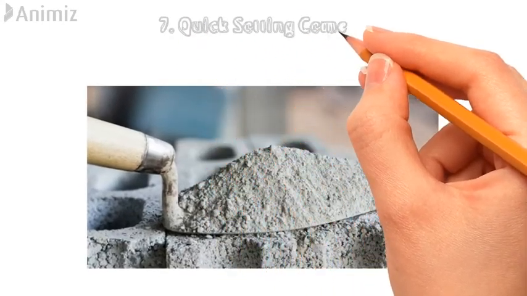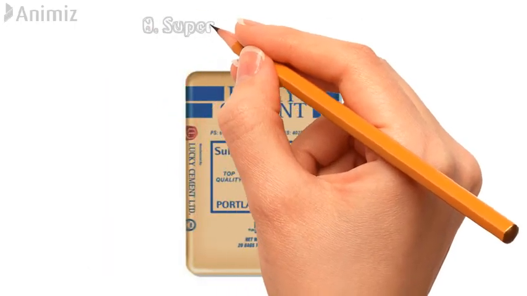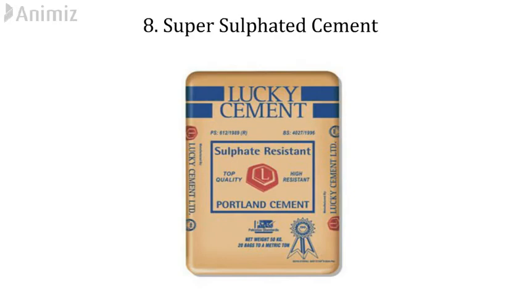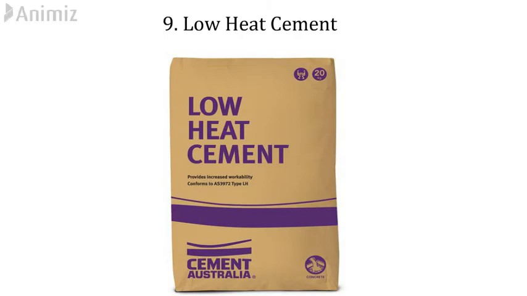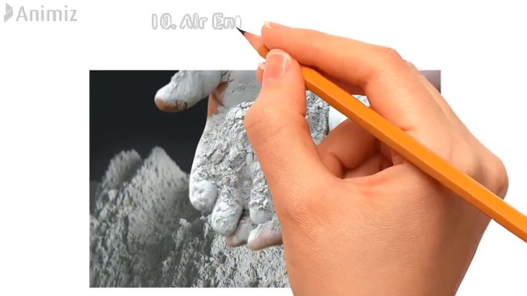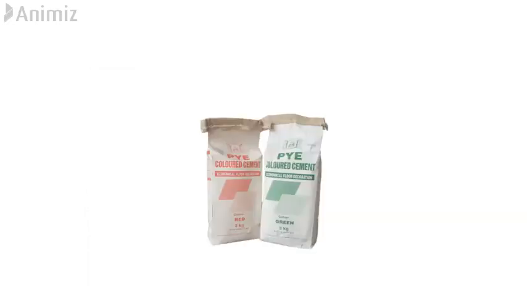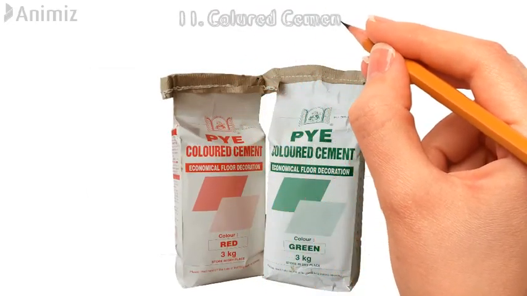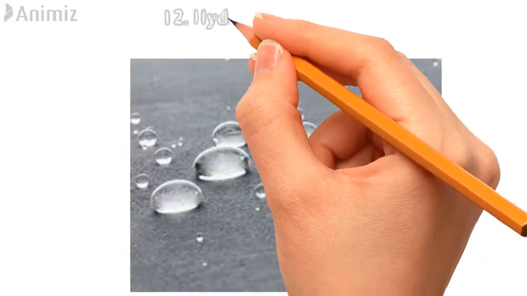The seventh category is quick setting cement, which sets in only 20 minutes. Then the eighth category is super sulfated cement. There is also low heat cement available in the market. And then there is air entraining cement. There is also colored cement available in the market for various uses.